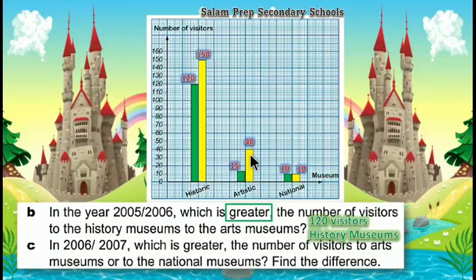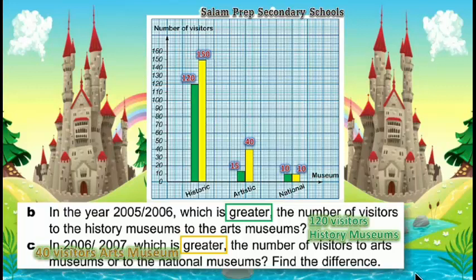In 2006-2007, the number of visitors are 40 visitors in Arts Museum. In National Museum 2006-2007, number of visitors are 10. So the greater number of visitors are 40 visitors in Arts Museum.